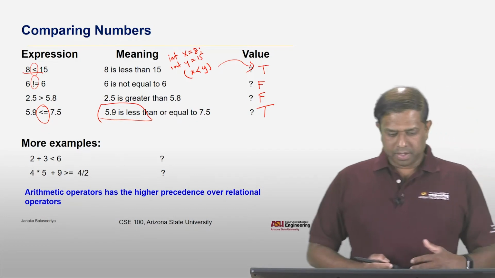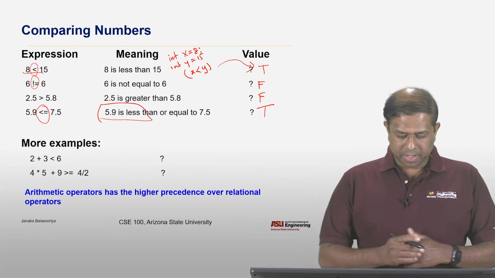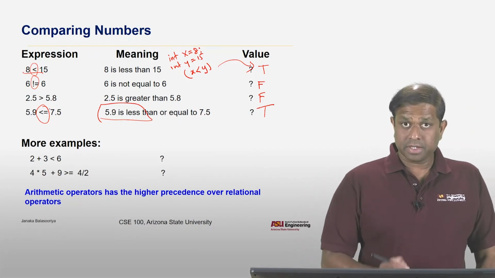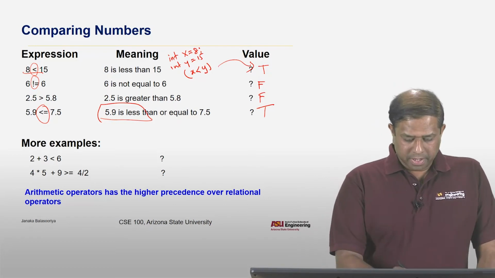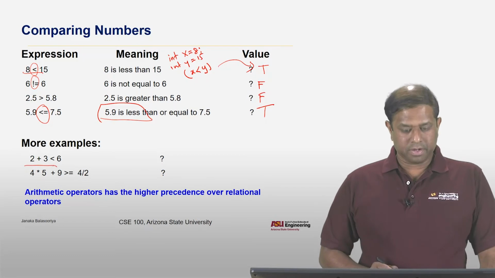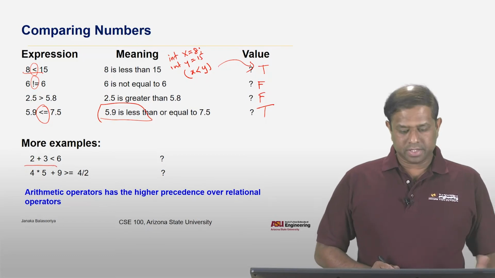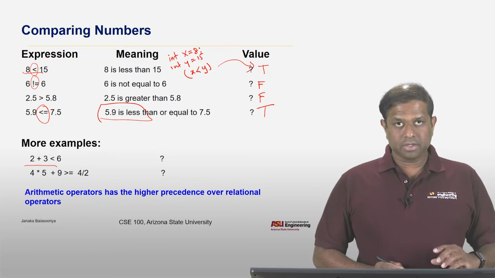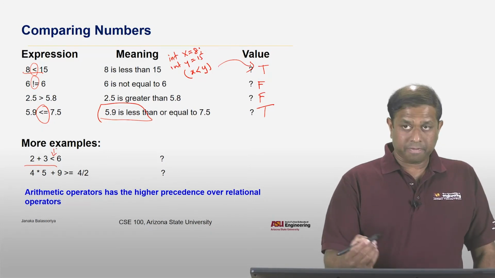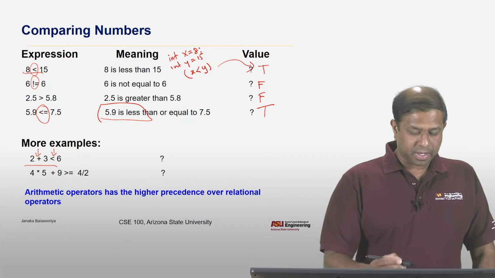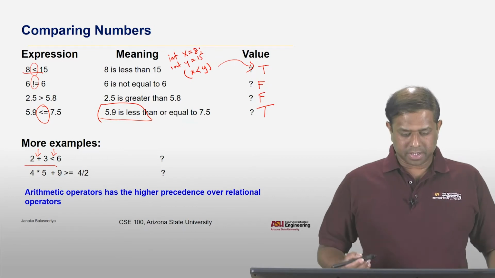Now let's look at one expression that has these relational operators plus arithmetic operators together. Here we are checking whether 2 plus 3 less than 6. We have a question whether we need to evaluate the logical expression first or the arithmetic expression first to make this comparison.